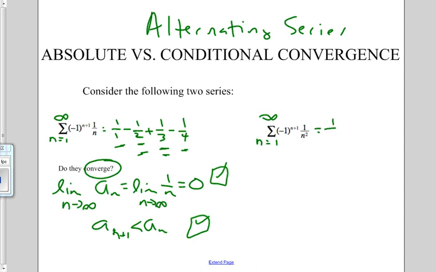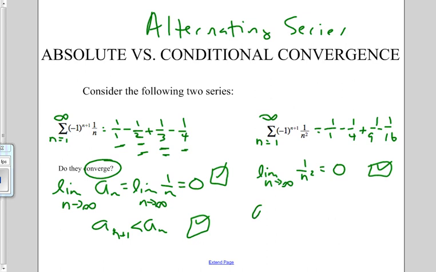We're going to have 1 over 1 minus 1 over 4 plus 1 over 9 minus 1 over 16. So now it's being squared, and once again, we want to meet the two criteria. The first one is the limit as n approaches infinity of 1 over n squared. This is my nth term, and this is going to equal 0, so my nth term approaches 0.